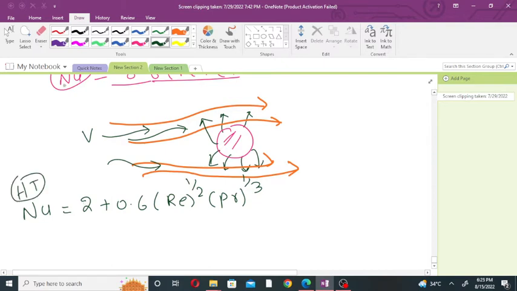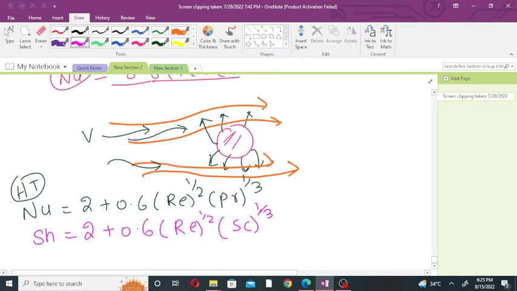But for mass transfer, we will use a similar correlation, but in place of the Nusselt number we will use another number, the Sherwood number, and it will be equal to 2 plus 0.6 into Reynolds number to the power 1/2 and Schmidt number to the power 1/3. Remember, the Reynolds number is the same in both cases because the fluid is flowing around the catalyst particle.